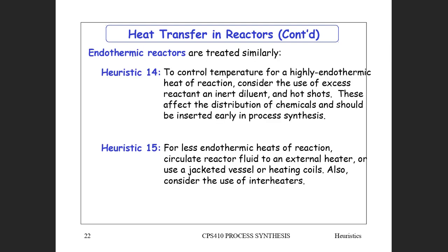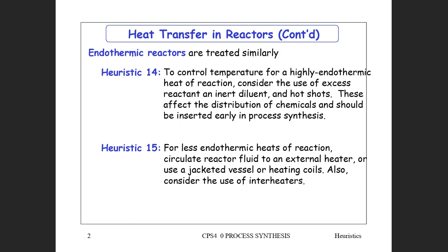Now, endothermic reactors are exactly the same. To control the temperature of a highly endothermic heat of reaction, use all of these things. Excess reactant, inert diluent, or hot shots don't involve indirect heat transfer. In other words, heat transfer through a tube, through a heat exchange surface.